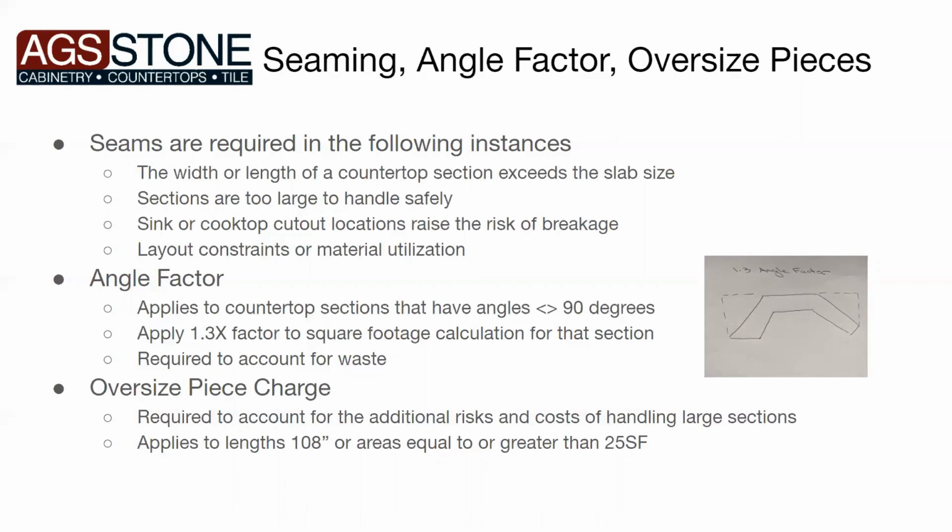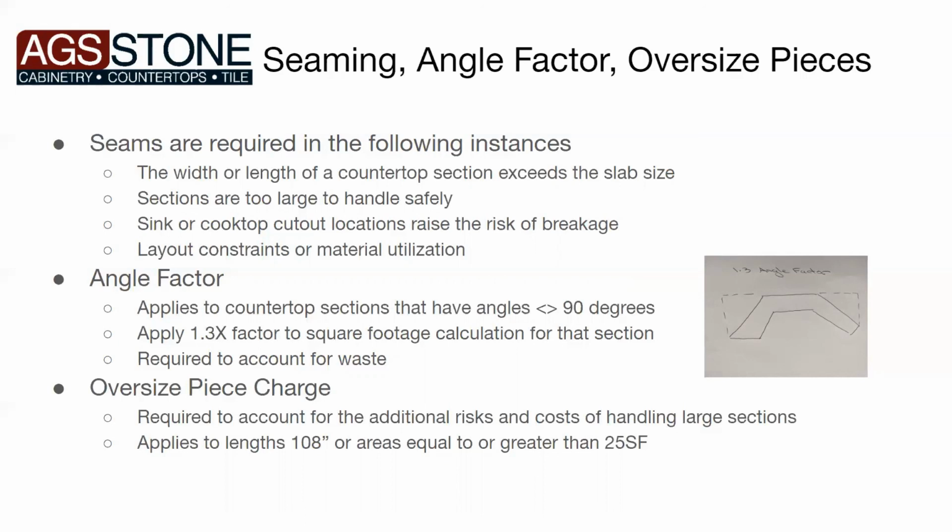So why would we need a seam? Well, first and most importantly, the length and width of a countertop section could exceed the slab size, and we're seeing larger islands and larger kitchens, so it's not impossible to think that you could have a countertop section that could exceed in length or width the dimensions of a slab.